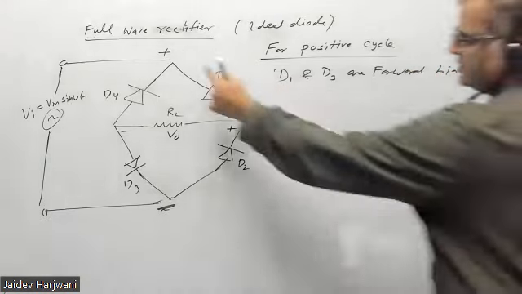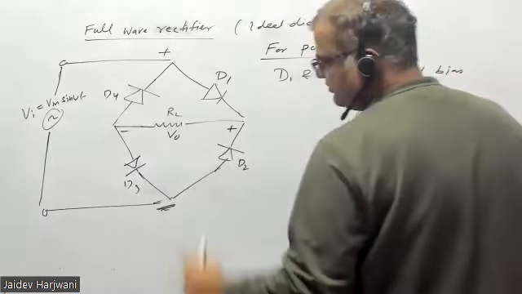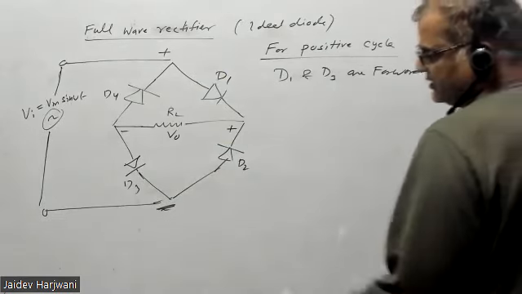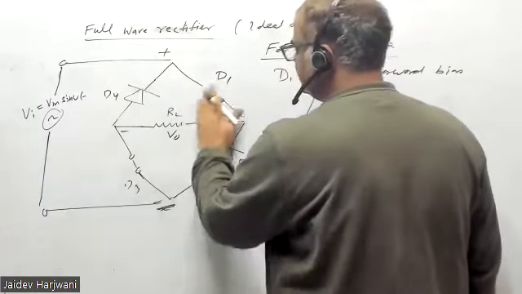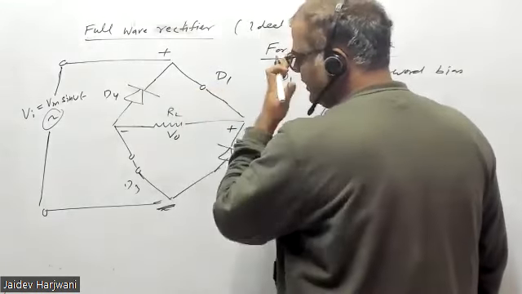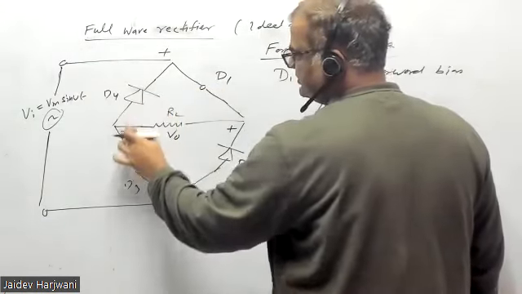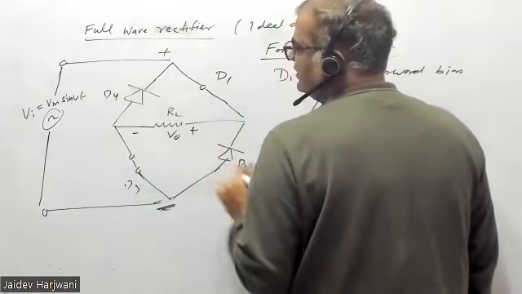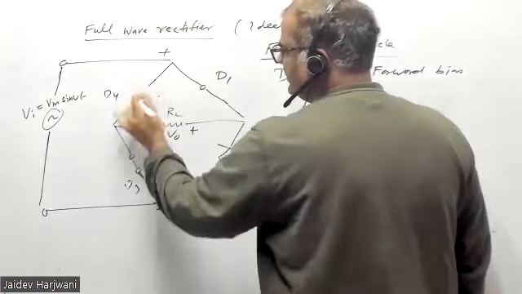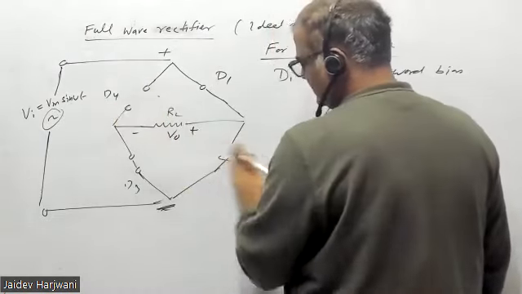Here is positive, here negative. So you replace these by short circuit. So I have replaced by short circuit. Okay. And these are reverse bias. Here this is an open circuit. This is also open circuit.